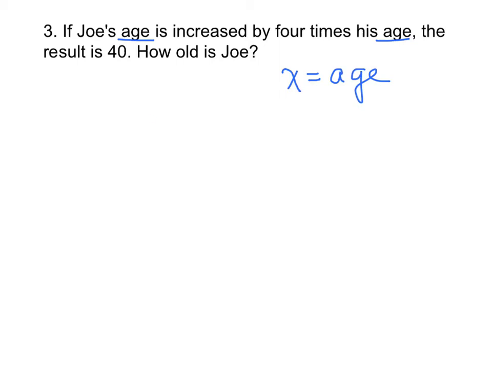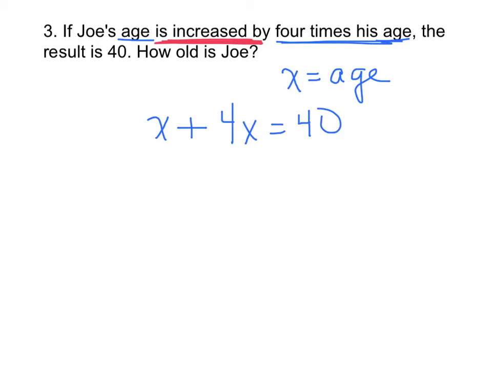So if Joe's age is increased by 4 times his age, let's start this problem off. If Joe's age, x, is increased by, plus 4 times his age is x, so it'll be 4x. The result is 40. So x plus 4x equals 40.